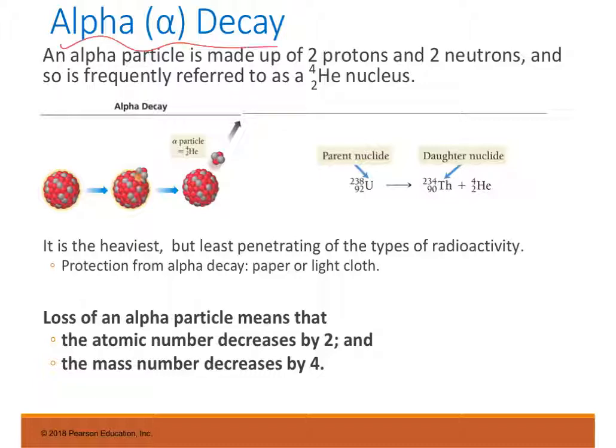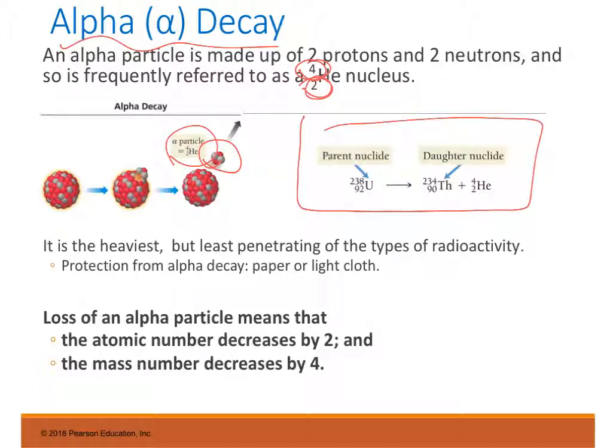Alpha decay. Again, an alpha particle has 2 protons and 2 neutrons. It is a helium nucleus. So again, it has a mass of 4 and atomic number of 2. And one of the things you need to be able to do is to balance nuclear reactions.